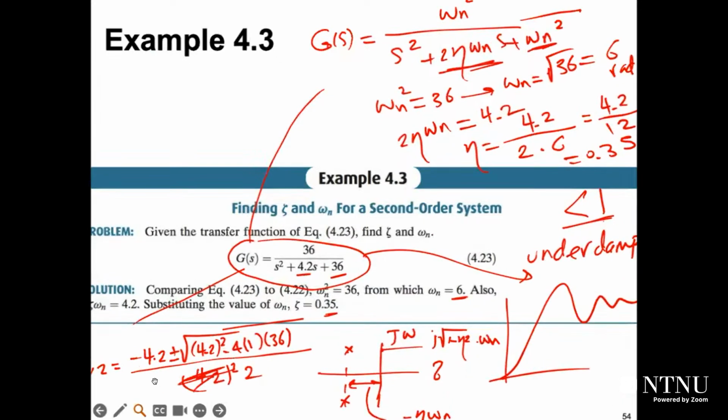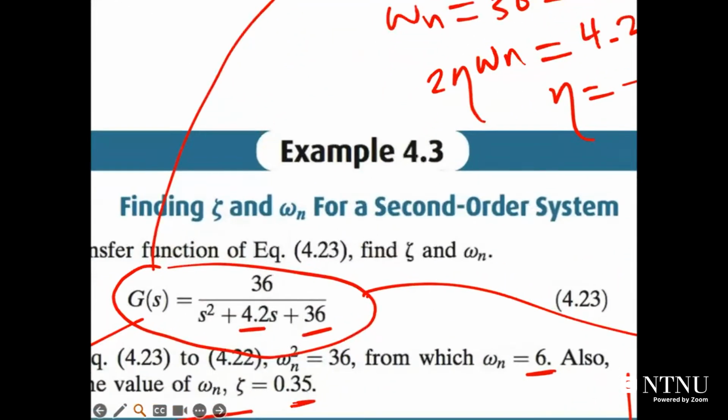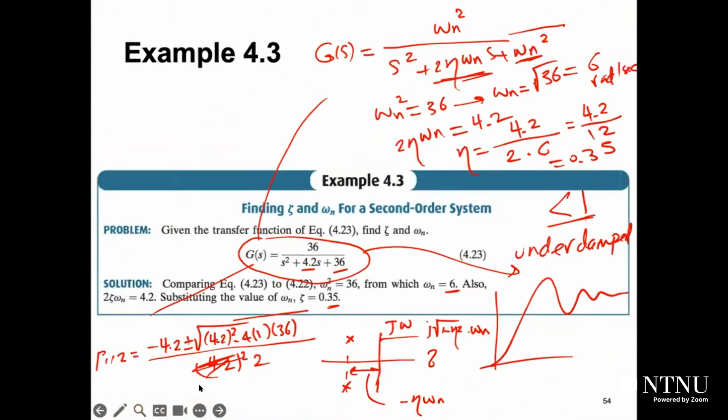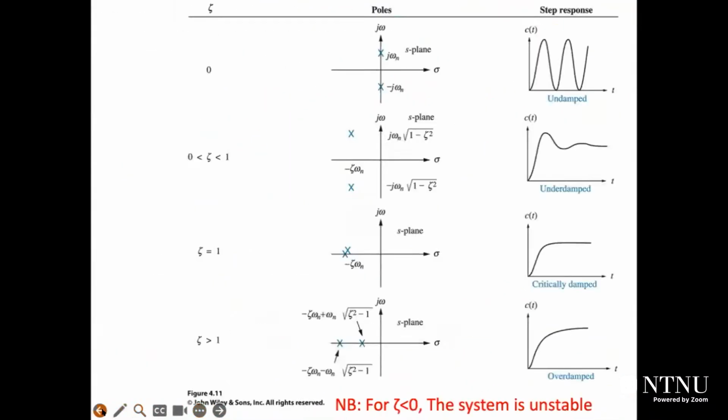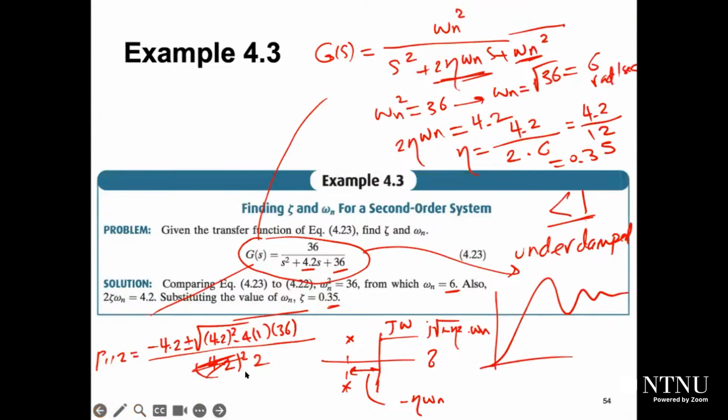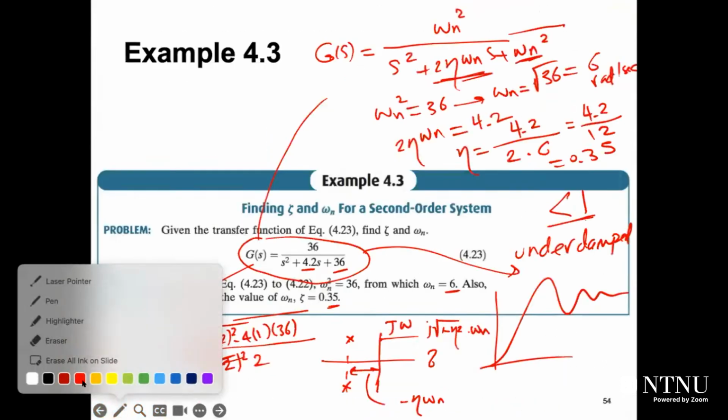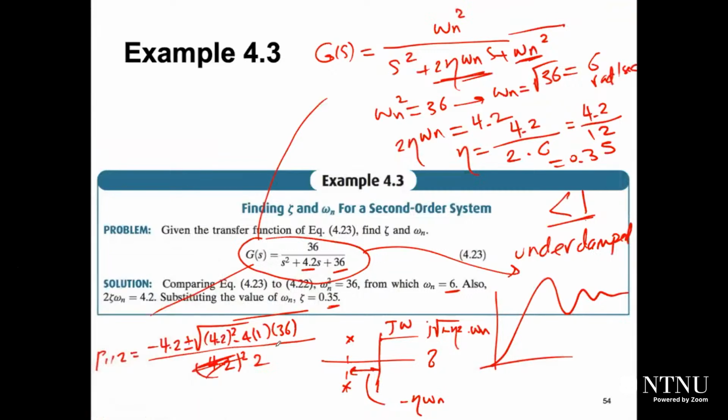So it will be minus 4.2 divided by 2, which is minus 2.1, plus or minus, we need to solve that part, right? We need to find that part. I can do calculations on my phone.